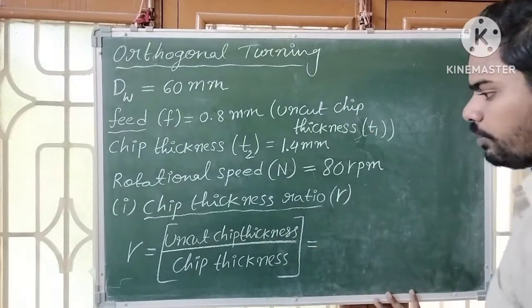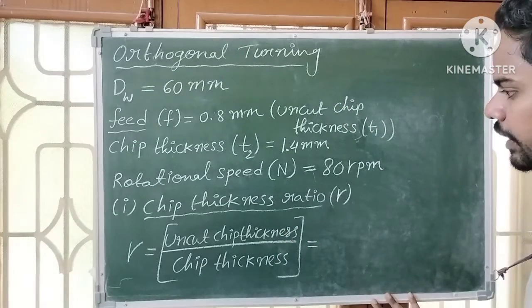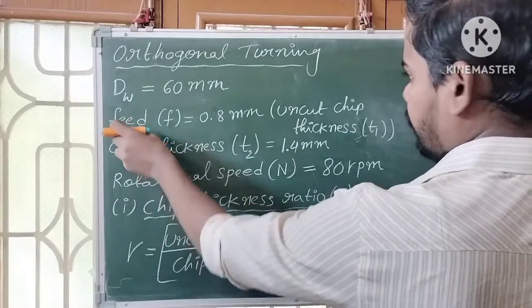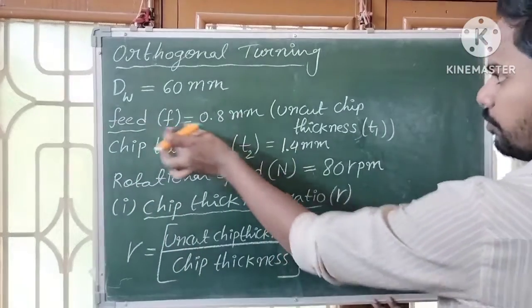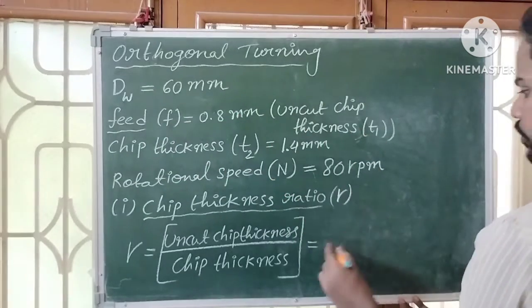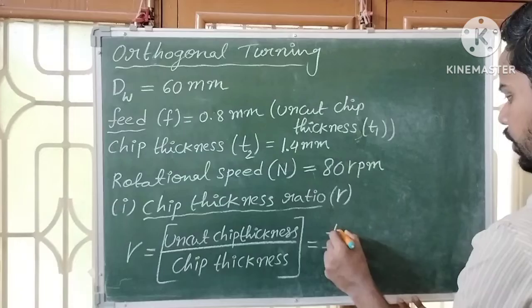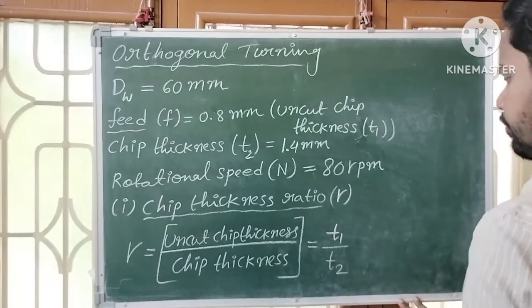Very simple problem. Uncut chip thickness is nothing but the feed, 0.8 mm. So the formula is T1 by T2. Uncut chip thickness means T1, chip thickness means T2.